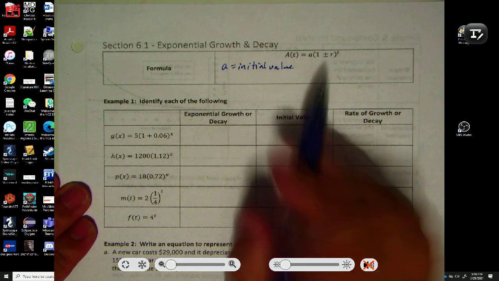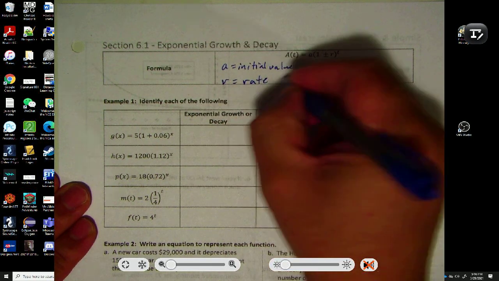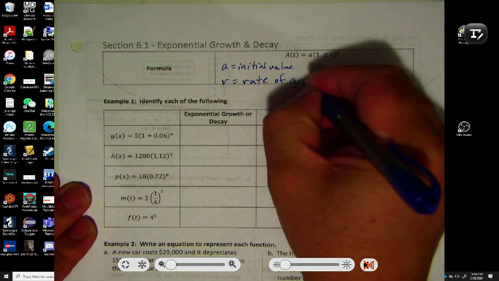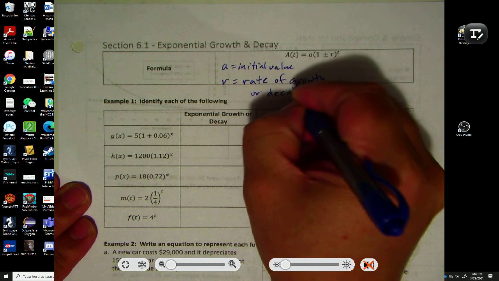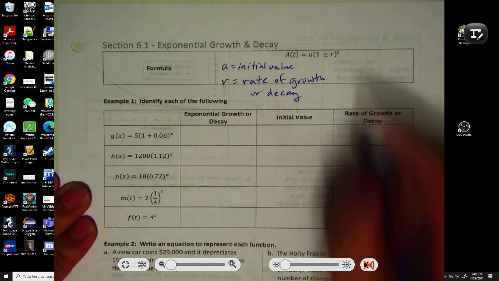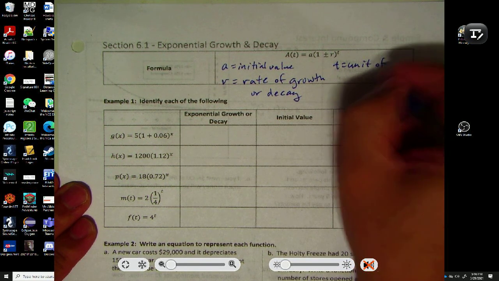And R is the rate of growth or decay. And T is a unit of time, usually years.